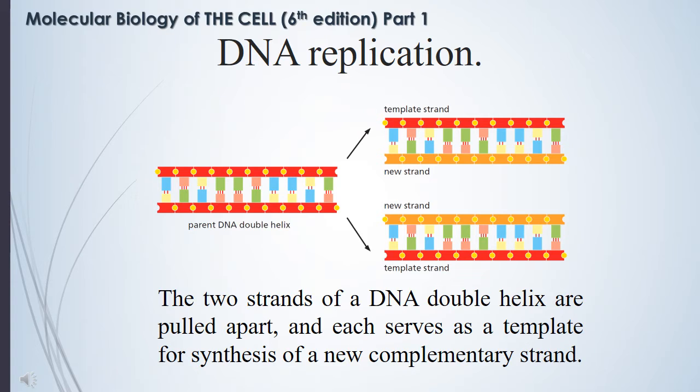So now let's look at a parental double-stranded DNA in the cell. Each strand in the DNA can be used as a template for a new strand. So again, a complex of proteins would separate the parental helix double strand into each complementary strand, and each complementary strand therefore will act as a template for the new strand to be built, just like it was shown on slide number 2.